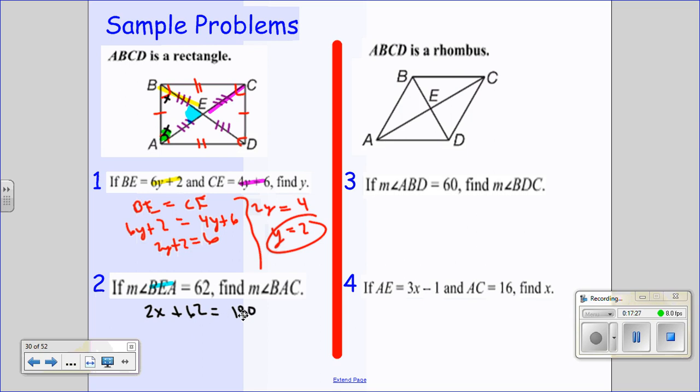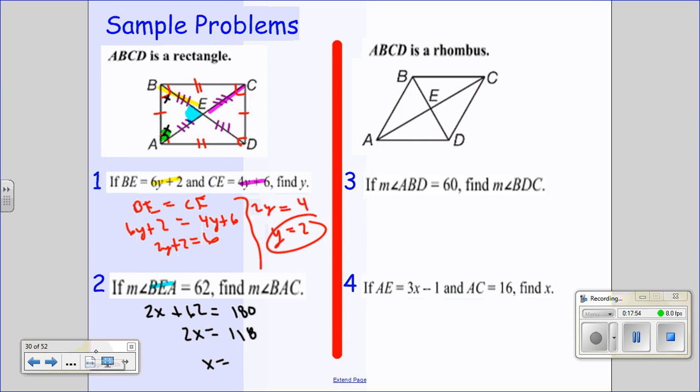So if I subtract 62, I would get 2x is equal to 118. And then divide both sides by 2. You would get x is equal to, is it 54? Or 64?